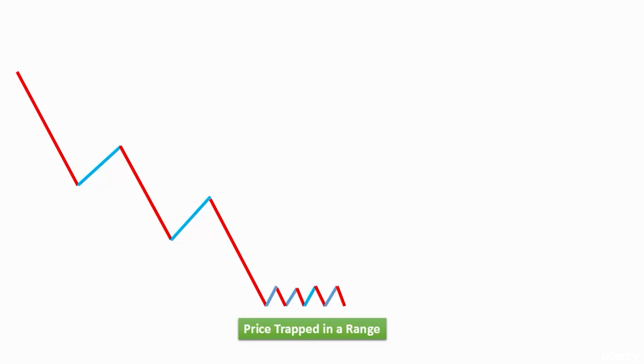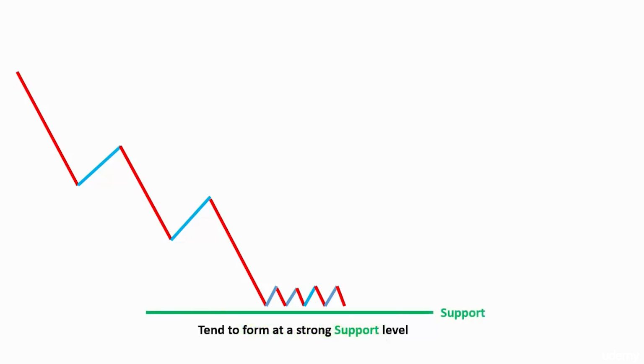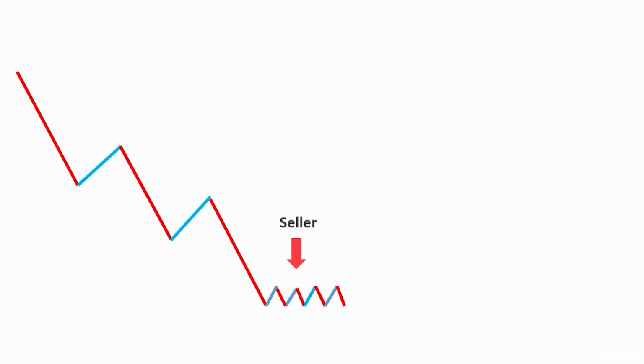What happens here is that these levels tend to be the oversold zone or a very strong support level where trade indecision occurs between the buyers and sellers. So the sellers try to push the price down more, and at the same time buying pressure grows stronger, so that price gets trapped in a certain price range for a long time.